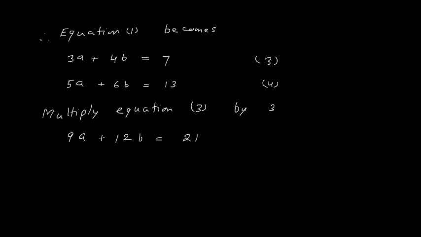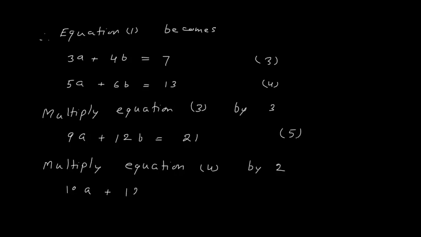This is our equation number 5, and in the same way we will multiply equation 4 by 2. So it becomes 10a plus 12b is equals to 13 2 is 26. This is our equation number 6.